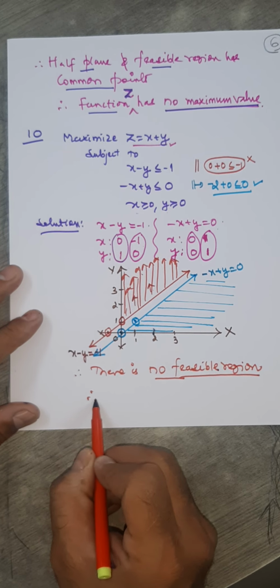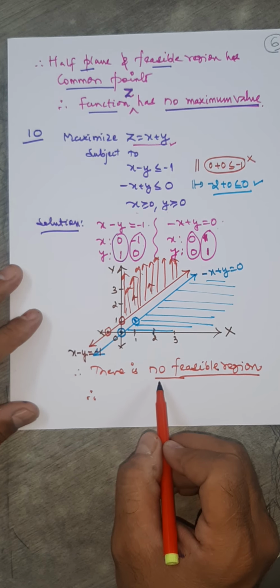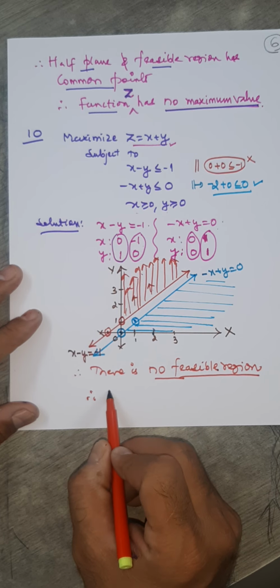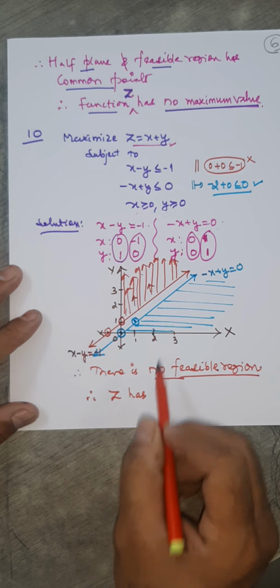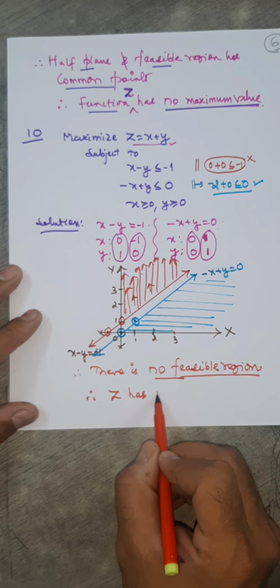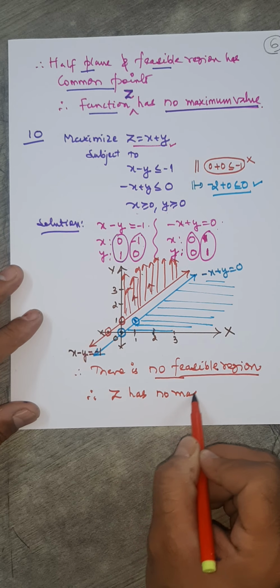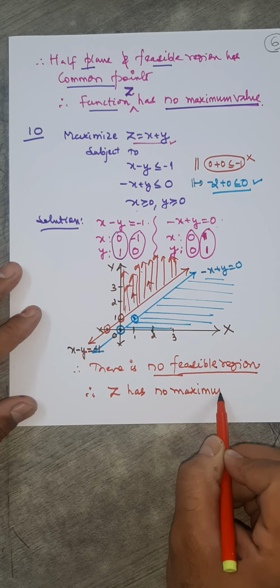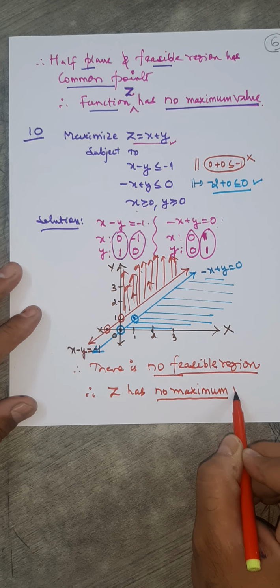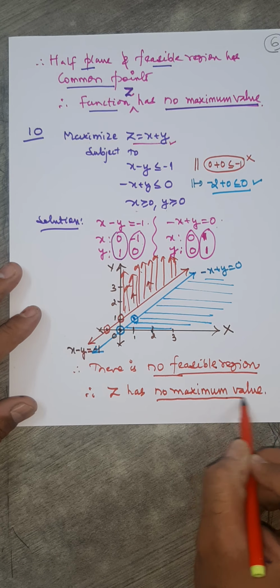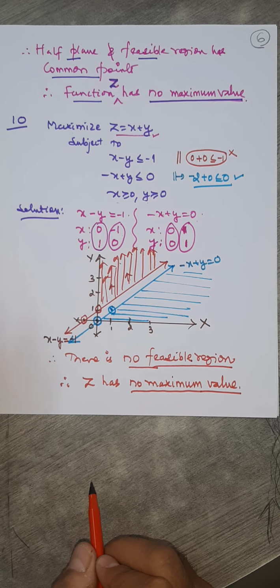And therefore, once there is no feasible region, you cannot get the corner points, and therefore Z has no maximum value. Maximum value cannot be obtained. The objective function has no maximum value.